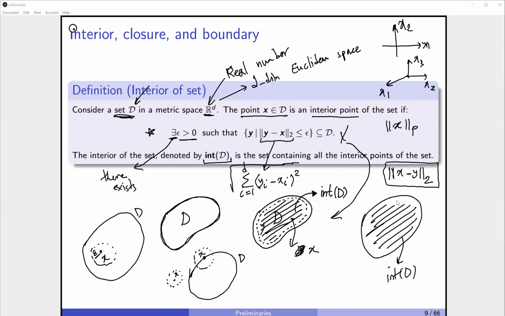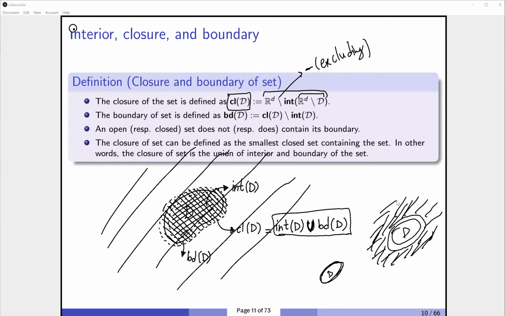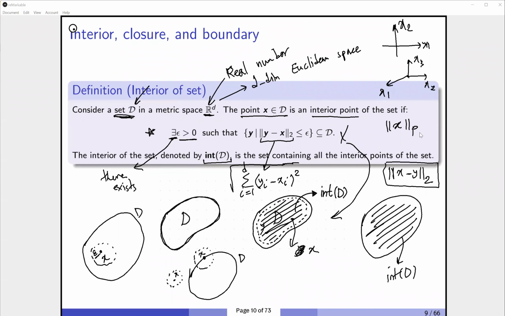Is p related to the dimensionality of a set then? No, so don't confuse several things. A set is a set of points within the space, right? And x is a point, and every point is a vector. Do you agree with me on that? When we have a d-dimensional space, assume we have x1, x2, until xd, it means we have d dimensions.